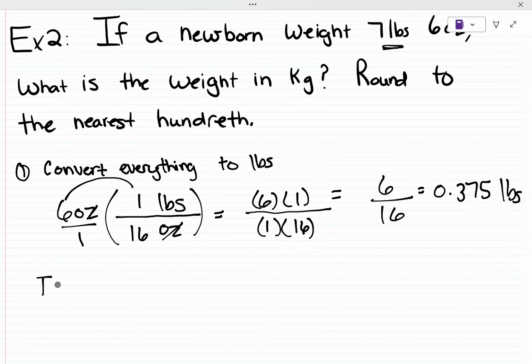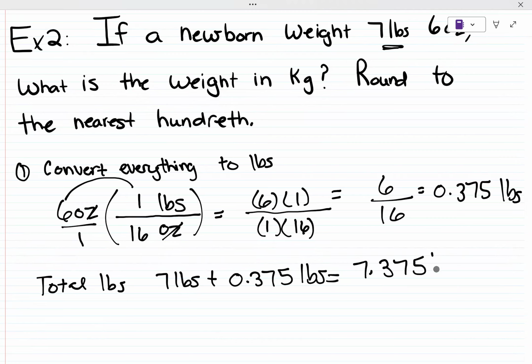In total, we had the 7 pounds plus the 0.375 pounds. Add them up, but do not round. So what's 7 plus 0.375? That is 7.375 lbs.